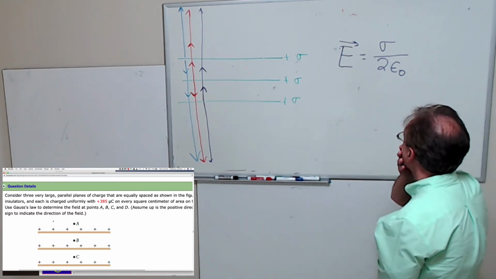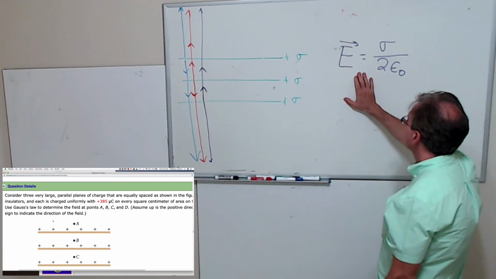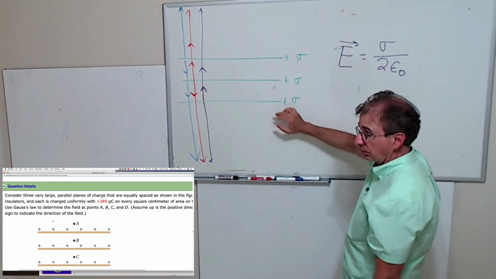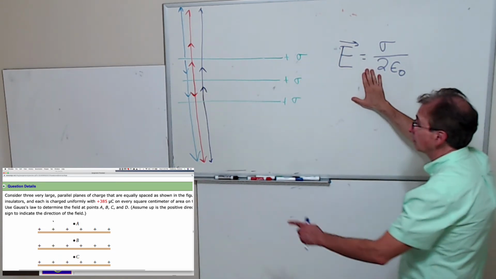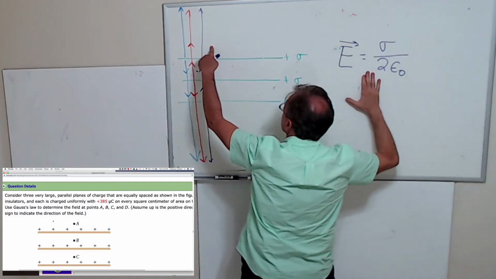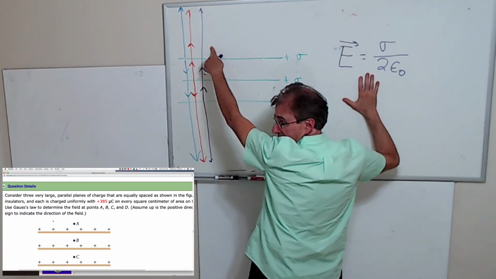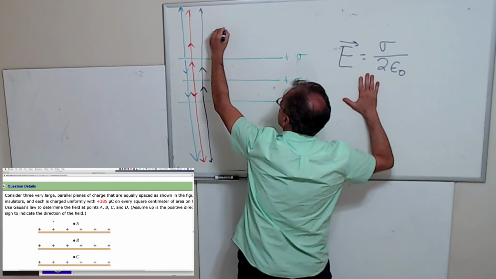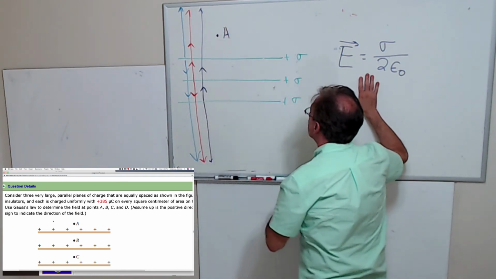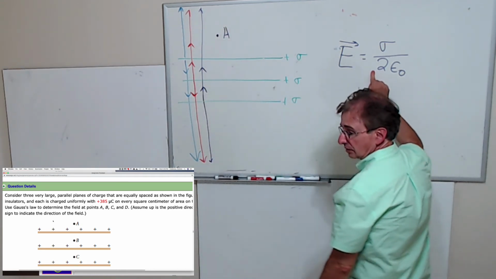So we have the electric field due to each one of these planes, and it's given by this equation. So up here, the total electric field, in point A, is going to be 3 times this number.